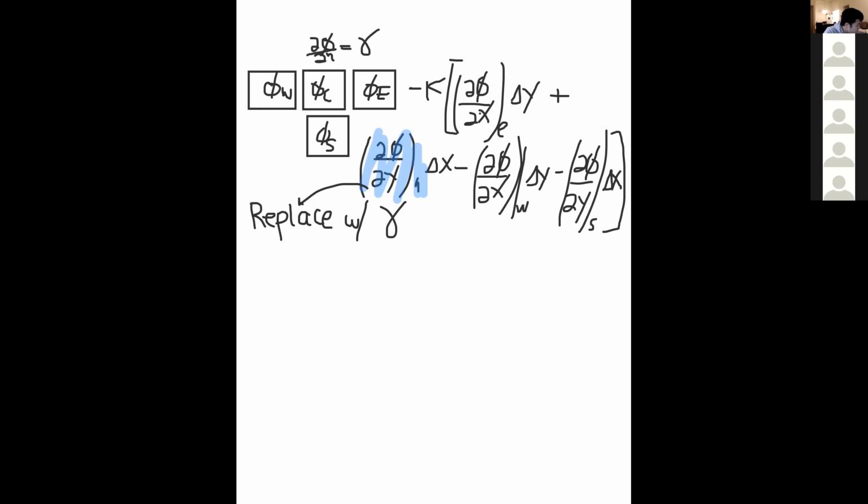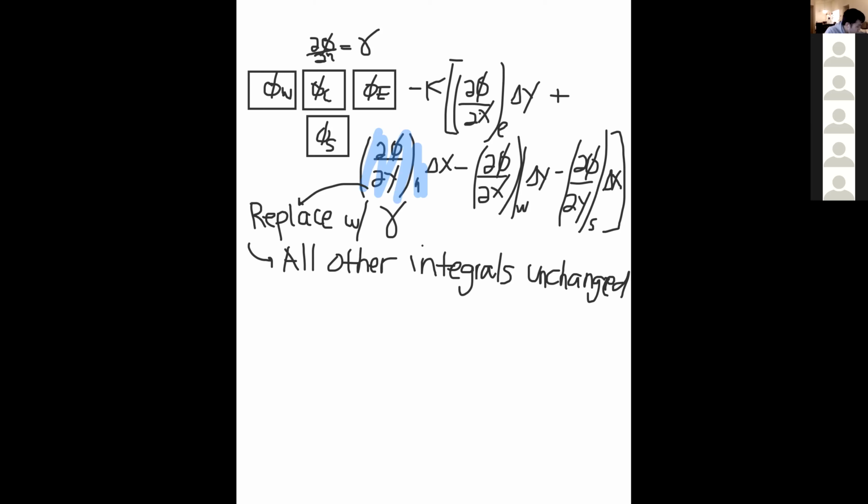For everything else, we're going to plug in our normal expression. So all other integrals are unchanged.